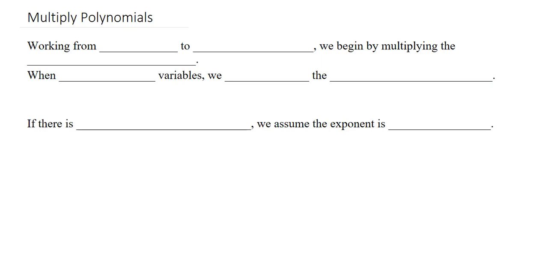To multiply a polynomial, working from left to right, we begin by multiplying the terms. And then when multiplying variables, we add the exponents.